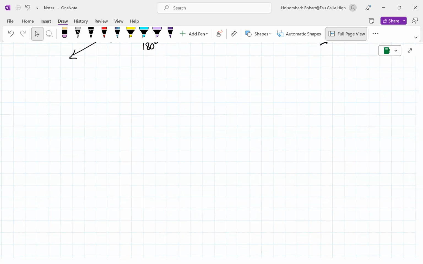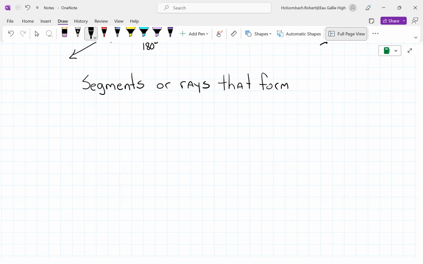And we are going to say that segments or rays that form right angles are perpendicular. Segments or rays that form right angles are perpendicular.